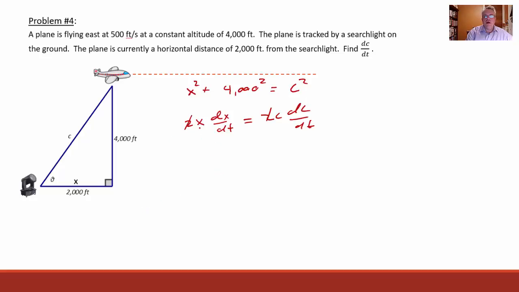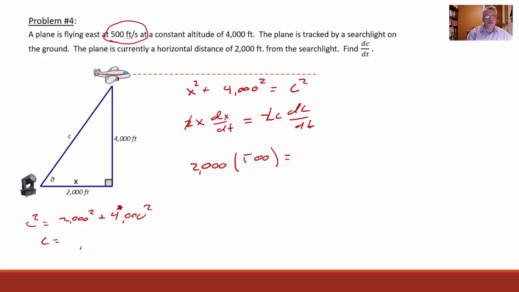So we have x, which is 2,000, times dx/dt. Actually, that was given to us. The plane is flying at 500 feet per second this way. That's how fast its horizontal distance is changing. So that's 500 equals c. Uh-oh, I gotta figure out c. Well, okay, from the Pythagorean theorem, c squared is 2,000 squared plus 4,000 squared.